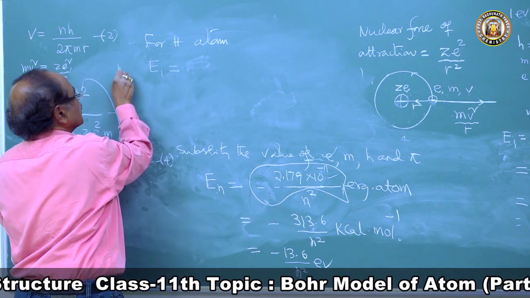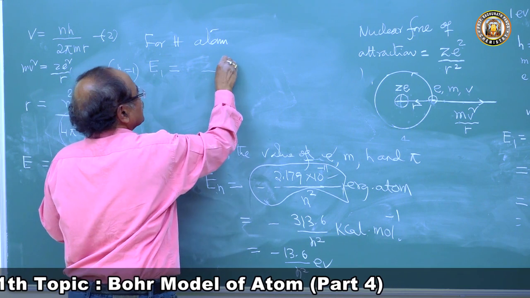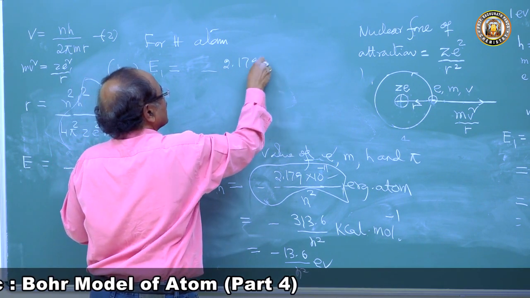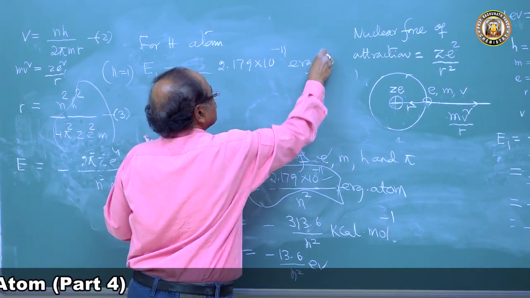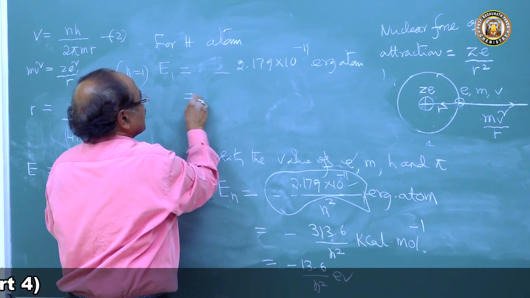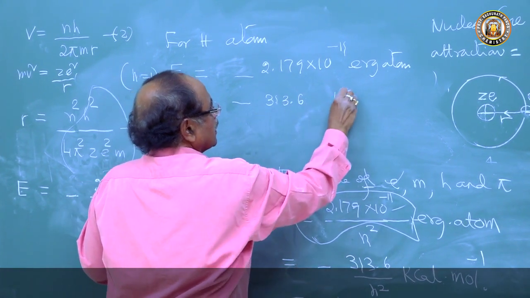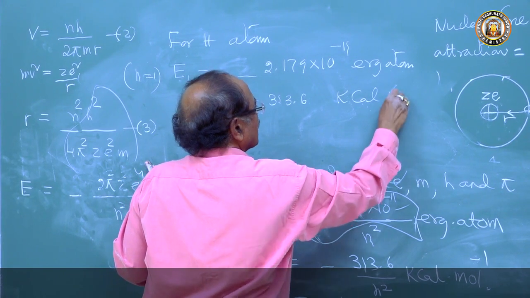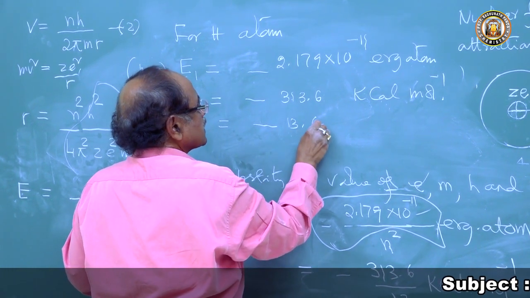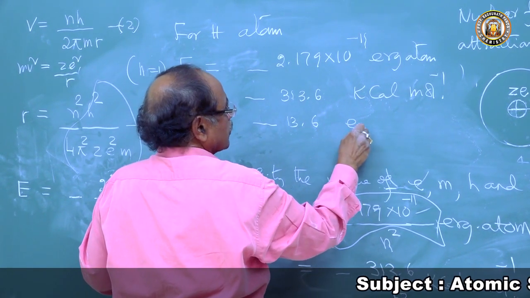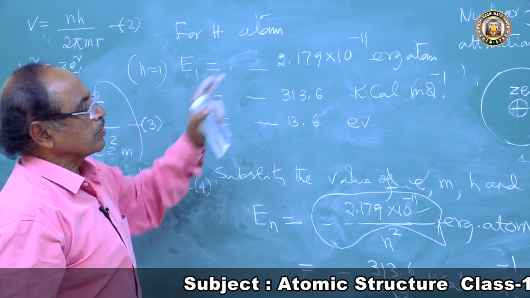E1 means n equal to 1, so E1 is equal to minus 2.179 × 10^-11 erg per atom, or that is minus 313.6 kilocalories mole inverse, or that is minus 13.6 electron volt. So this is the energy of the electron in the first orbit.